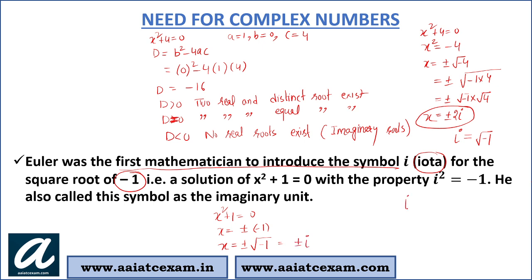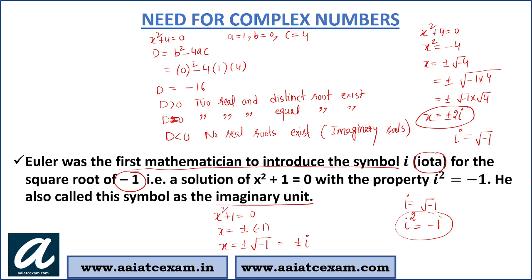So if iota is equal to under root minus 1, students, what is iota square? This should be equal to minus 1, because after squaring both sides, under root cancels out. And he called this symbol the imaginary unit.